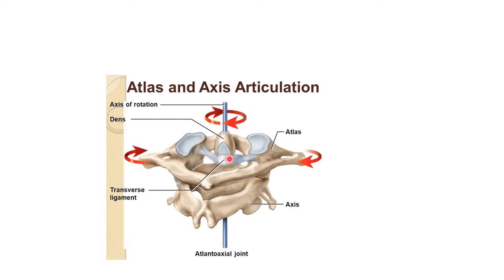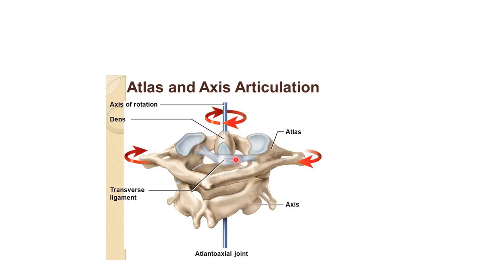The median atlanto-axial joint is a synovial joint of pivot variety. It is formed between the dens of the axis vertebra and the osseo-ligamentous ring formed by the anterior arch of the atlas vertebra and the transverse ligament of the atlas vertebra.